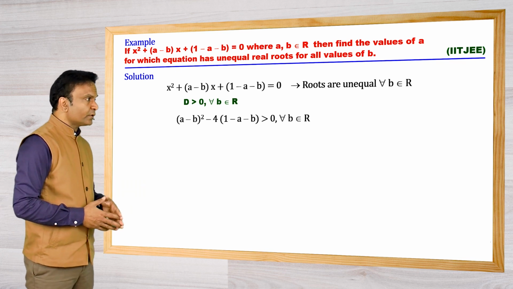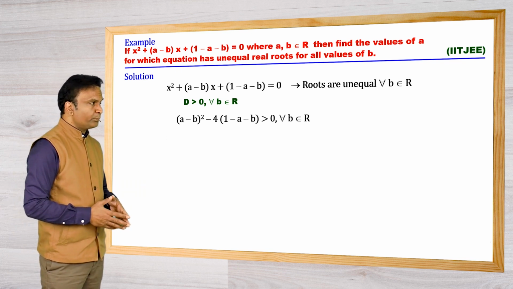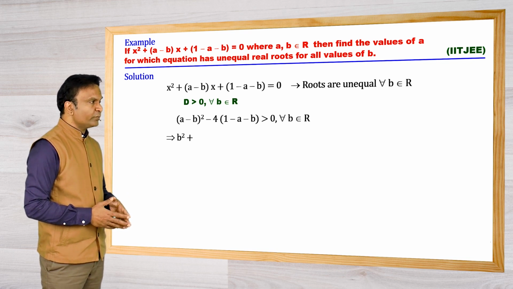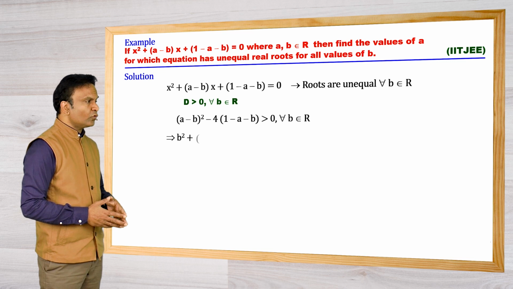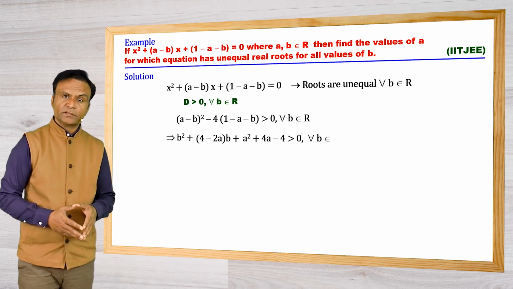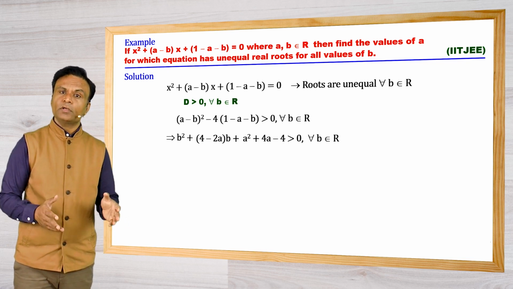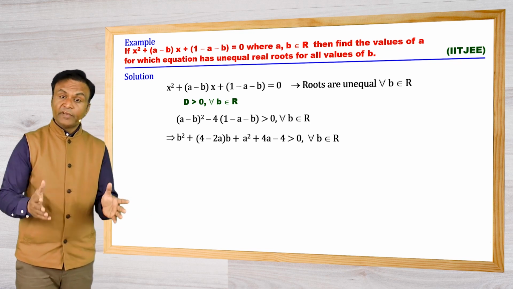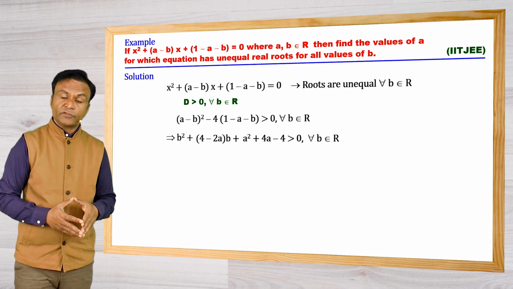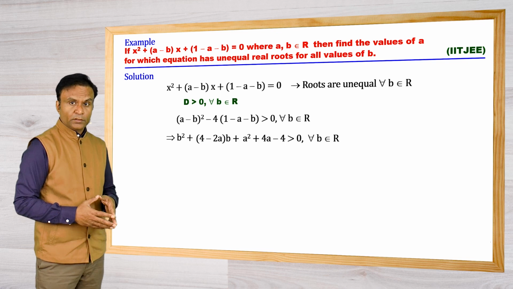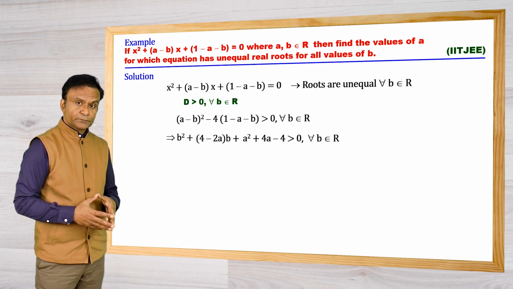So we have this inequality: b square plus, collecting the coefficient of b, (4 minus 2a) multiplied by b plus a square plus 4a minus 4 greater than 0 for all b belongs to R. Now here we have a quadratic inequality which is positive for all b belongs to R. What are the conditions for this?